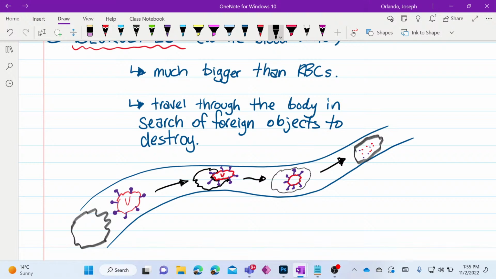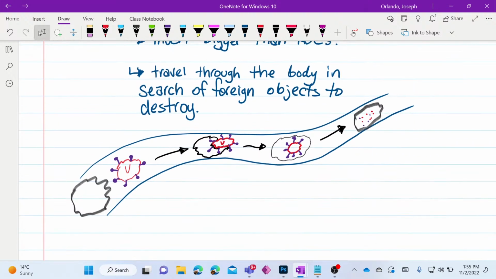If you ever hear somebody talking about their T cell count, killer T cells are one of the main types of white blood cells that are involved in defense. You get a blood transfusion to replenish all of it.